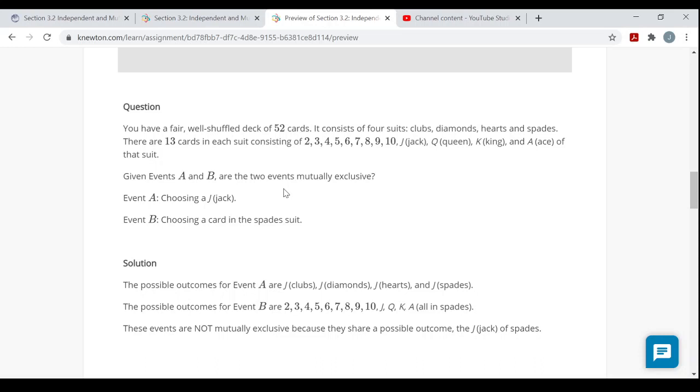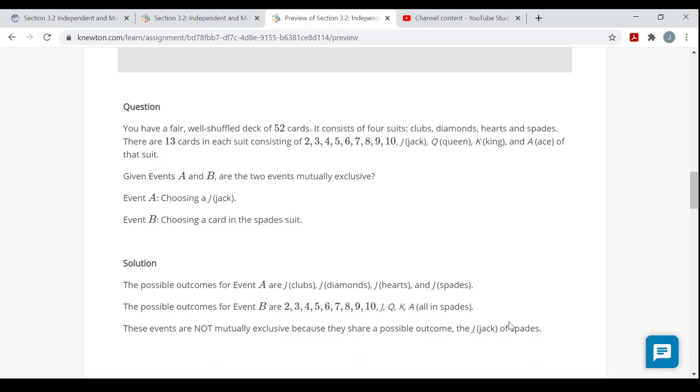Can these happen at the same time? And yes, they can, you can have a jack that is also a spade, the jack of spades. So these events share an outcome, the jack of spades. So these events are not mutually exclusive.